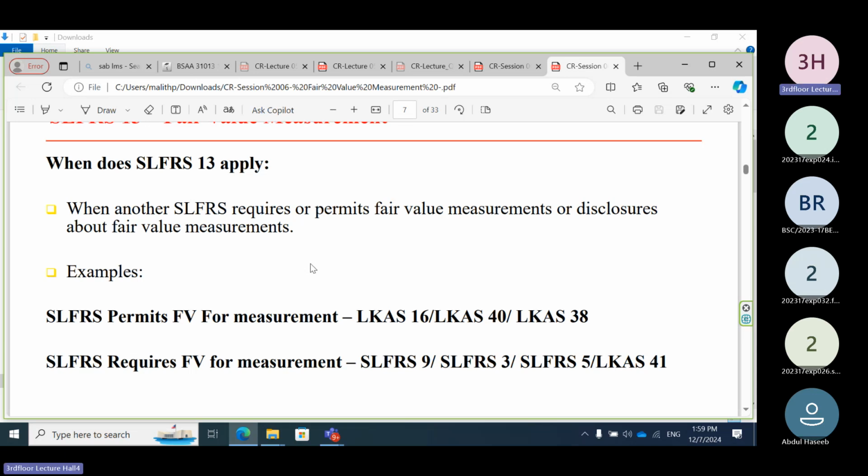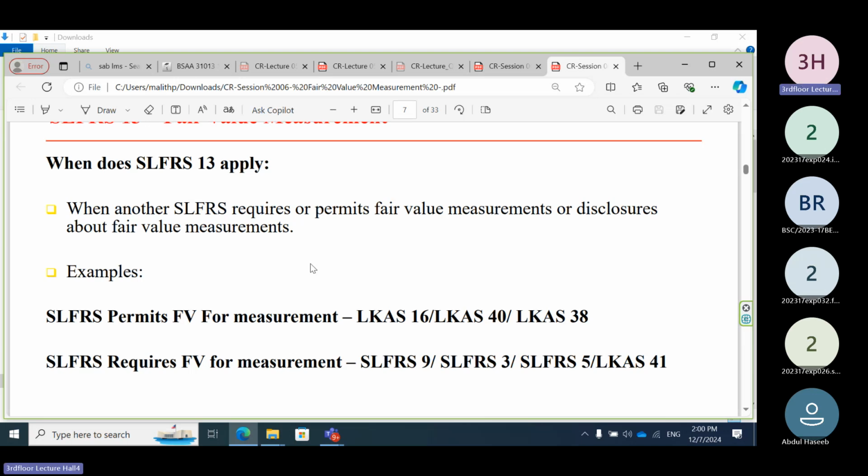So we are going to discuss this standard, SLFRS 9, financial instruments. A financial instrument can be divided into two: financial assets and financial liabilities.